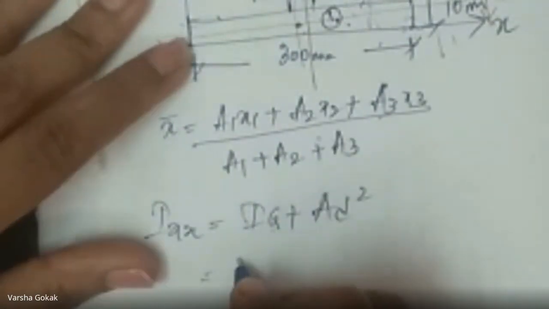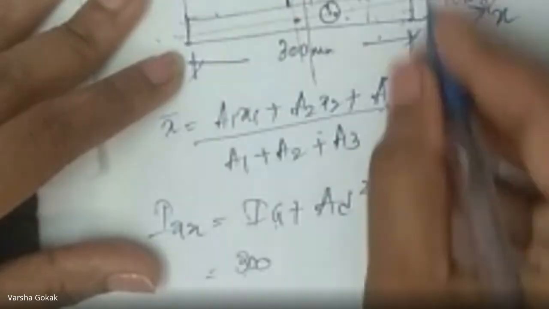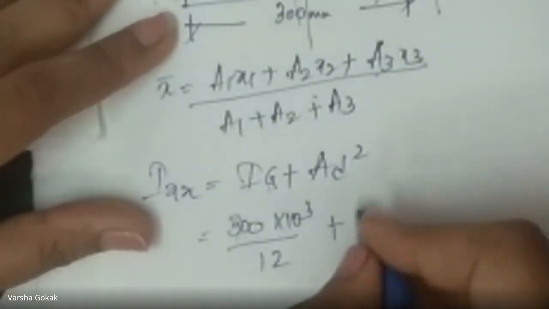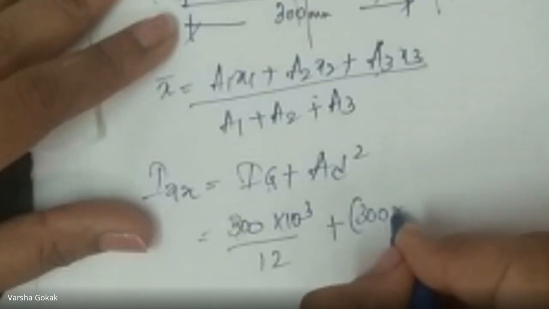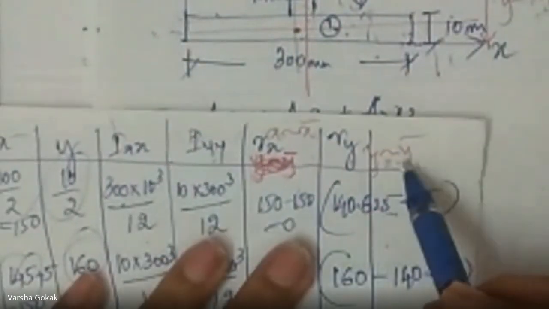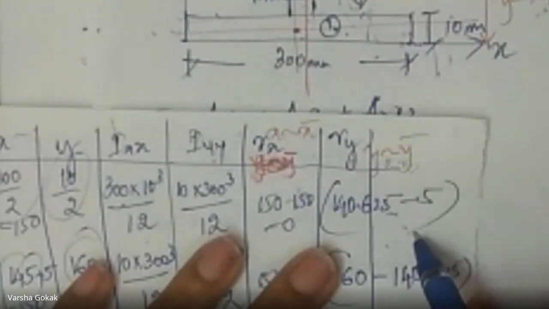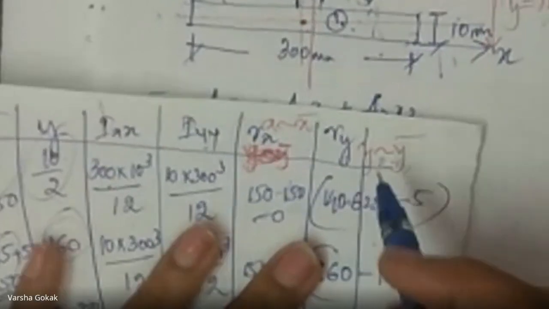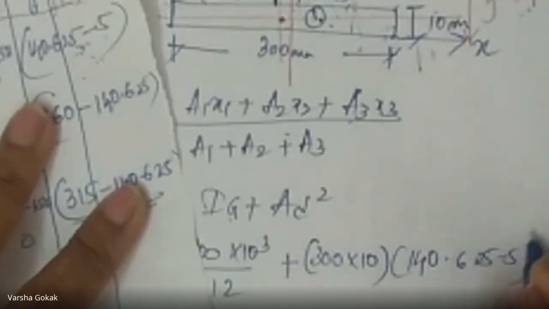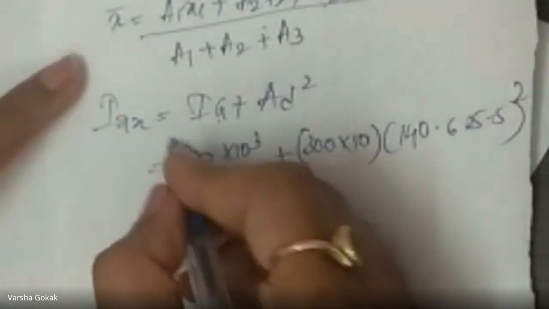Its Ixx value is 300 into 10 cube by 12, that is Ig, plus area, 300 into 10. D is the difference, y minus y bar, that one. 140.625 minus 5, the whole square. This is for one element.